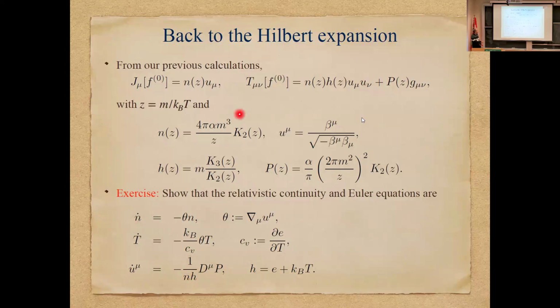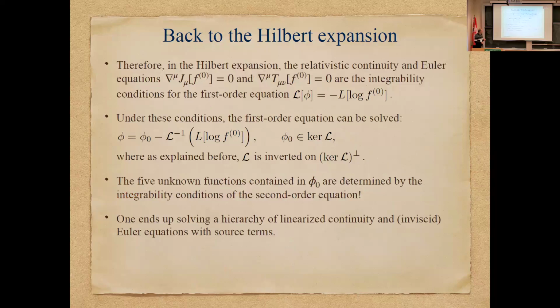Okay, so this follows directly from this form and the fact that it's divergence free. So to order 0 in this Hilbert expansion, or this Hilbert method, this is the equation that you would need to solve. And once you have solved this equation, then you're sure that the integrability condition is satisfied.